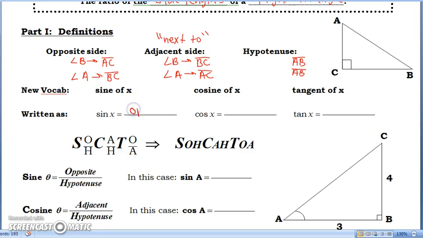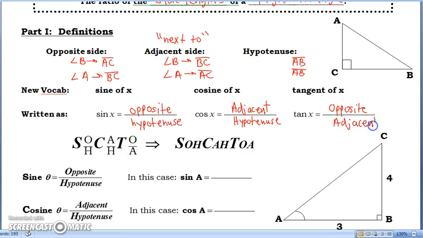That's opposite over hypotenuse. The cosine of x is adjacent over hypotenuse. And the tangent of x is opposite over adjacent.